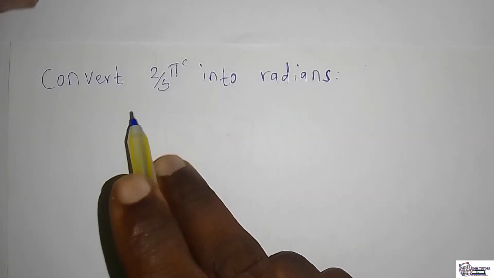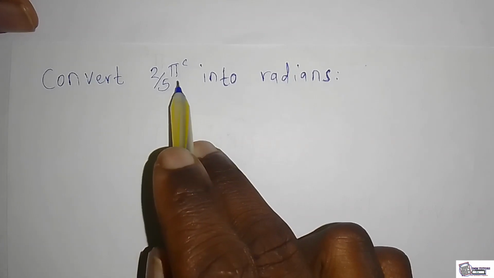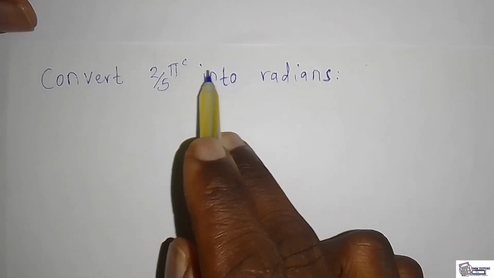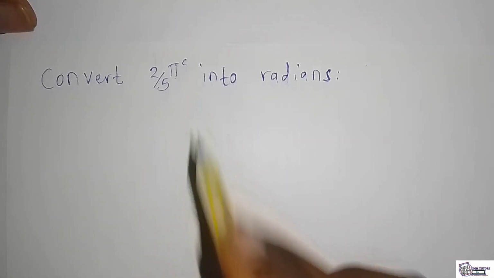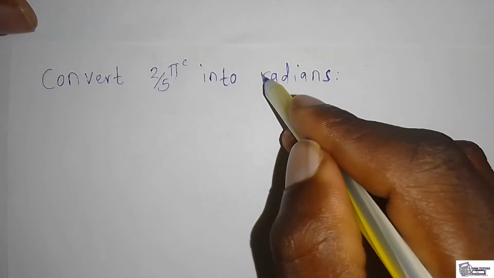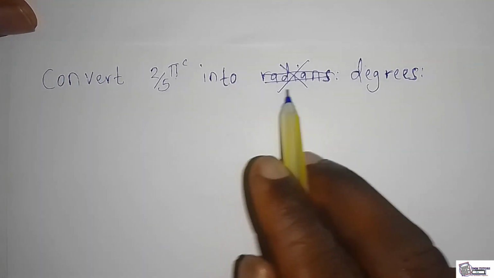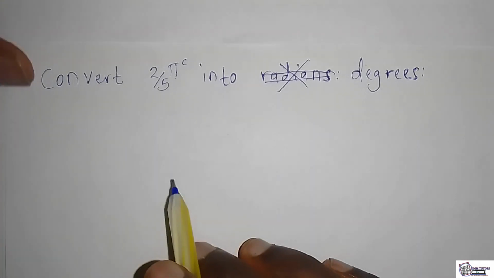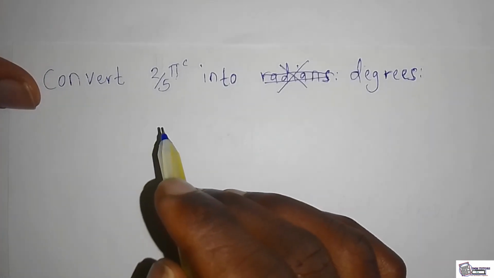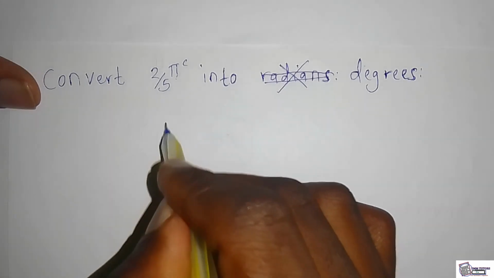you may need to convert 2/5 pi radians into degrees, but not radians. So our main standard is pi radians equals 180 degrees.